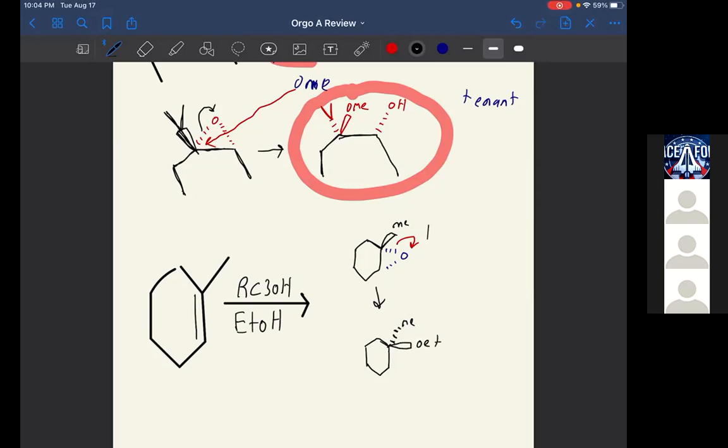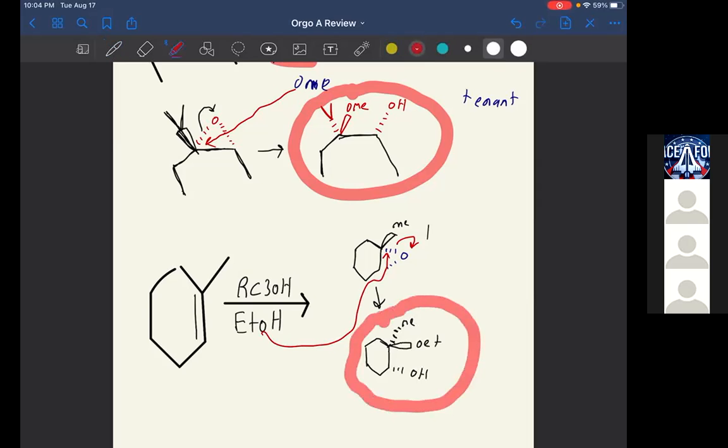And then OEt attacks. That would attack at that more stable carbocation. And then of course, the H. Does that make sense? So same mechanism, same everything. Kind of complicated, I understand.